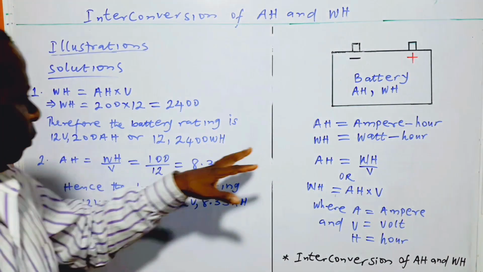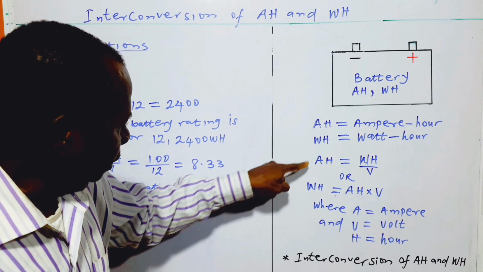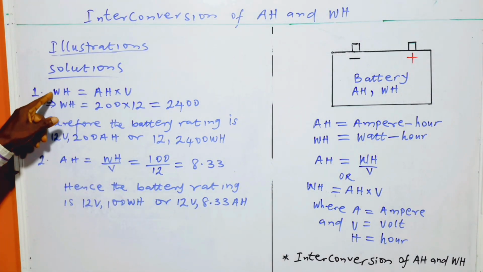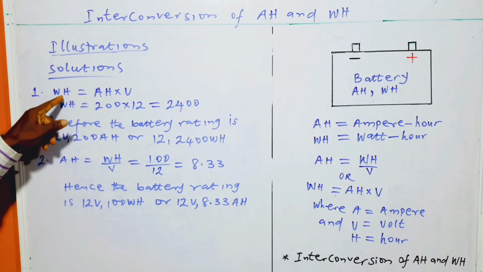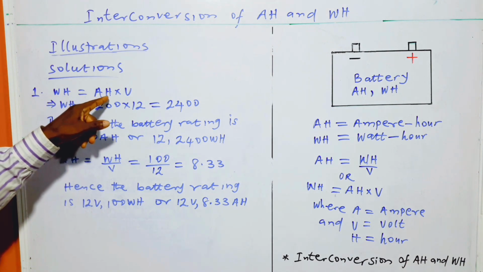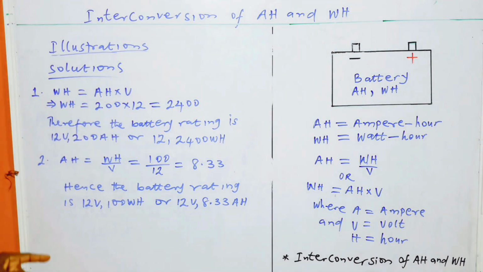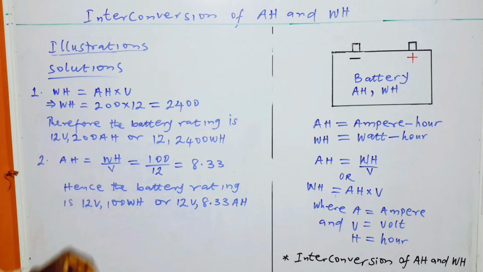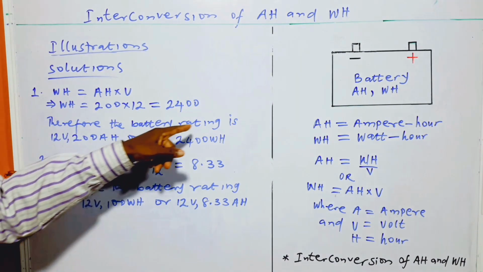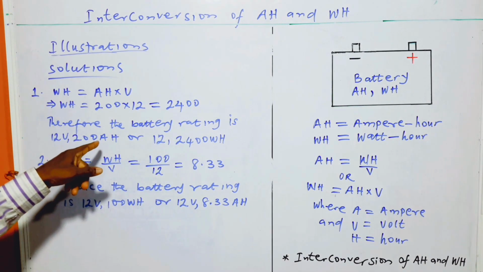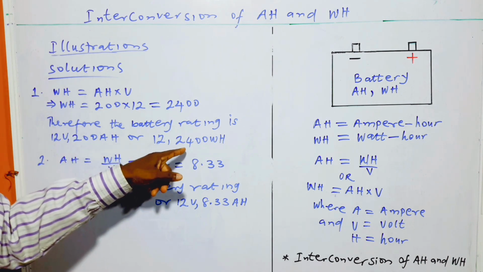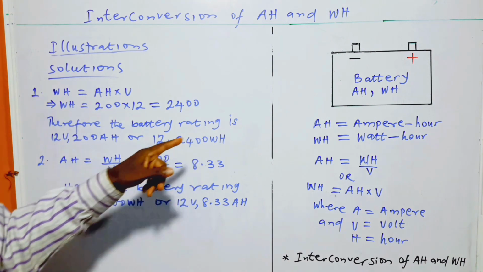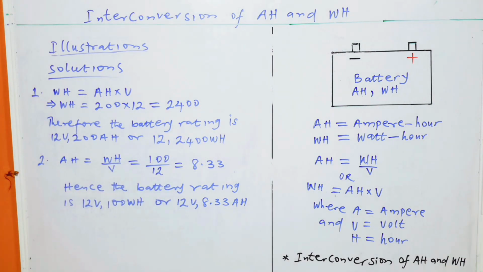So from the two formulas derived earlier on, we can write WH, which is watt-hour, is equal to ampere-hour multiplied by the voltage, and this gives us the value of the watt-hour. Therefore, the battery rating is 12 volts 200 ampere-hour, or 12 volts 2400 watt-hour.